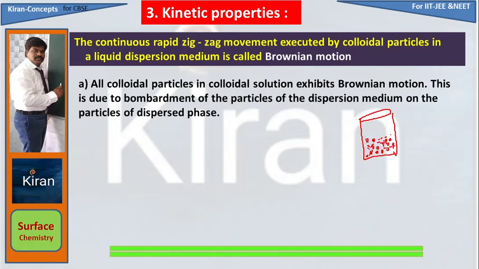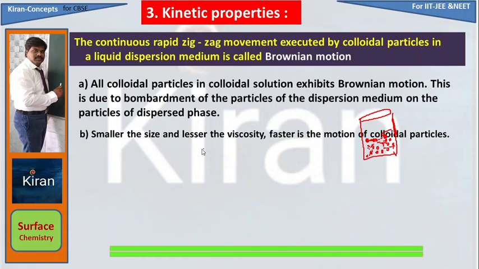So these colloidal particles will collide with each other, and a colloidal particle may collide with the walls of the container. During this also, the Brownian motion will increase. Colloidal particles in a colloidal solution exhibit Brownian motion due to the bombardment of particles of the dispersion medium on the particles of the dispersion phase.